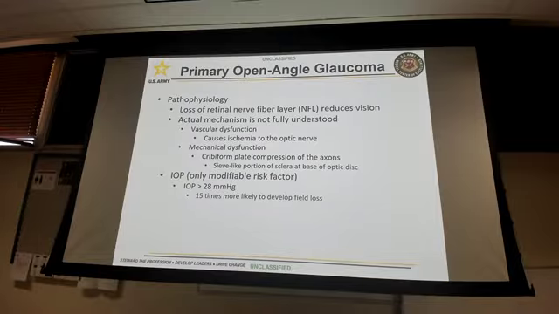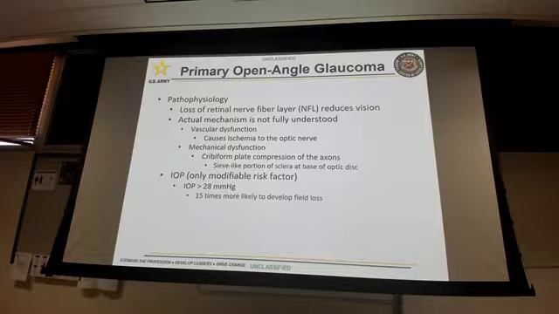Now, once we start developing changes to our optic nerve, right, and then there's field loss, that's when we start to think about glaucoma. And our first category is your primary open angle glaucoma. This is where there's a loss of retinal nerve fiber layer that causes a reduction in vision. There's a vascular portion and a mechanical portion to it.